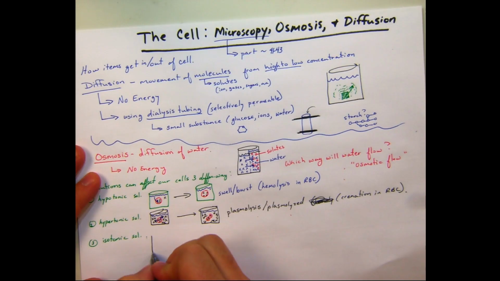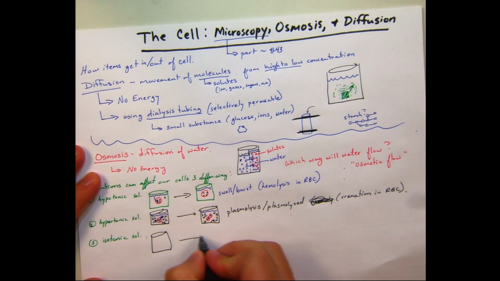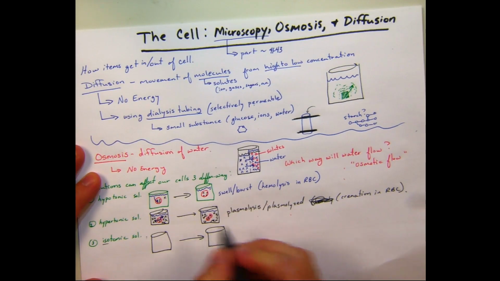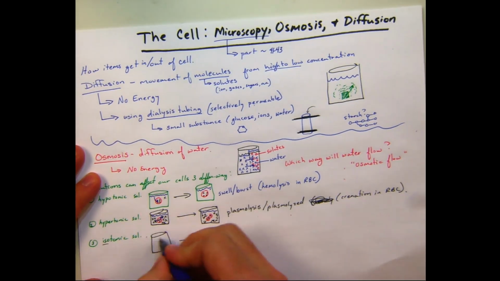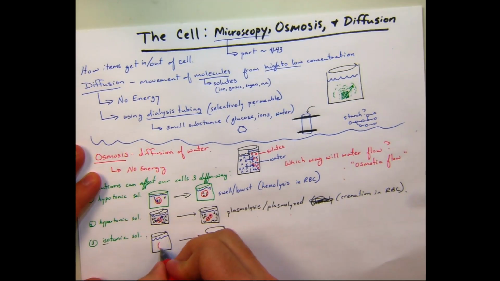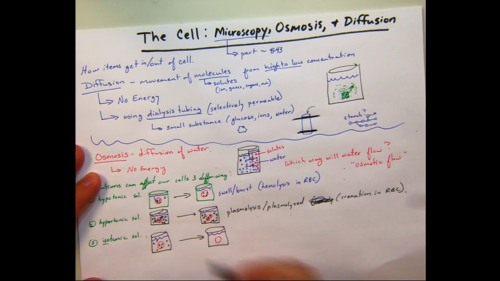Now, the isotonic solution. Iso means equal. I think a lot of people should learn that in trigonometry. But in this case, the cell has a certain concentration inside and a certain concentration of solutes outside.